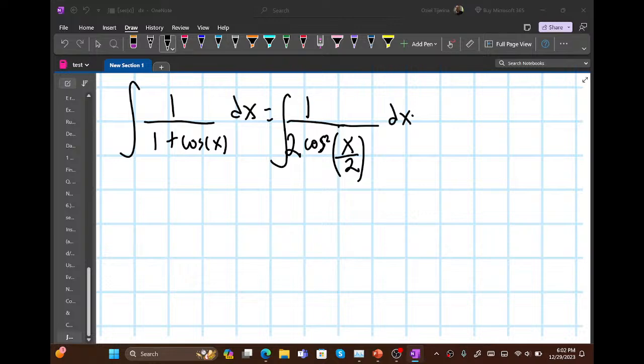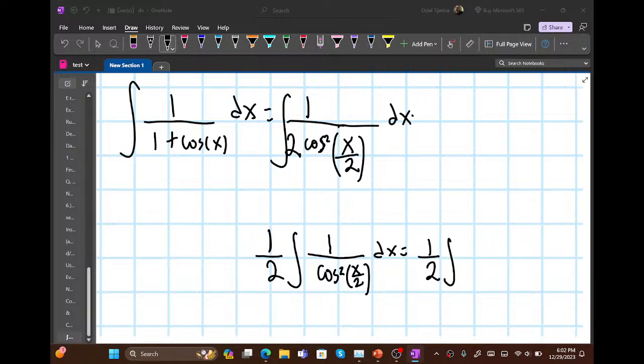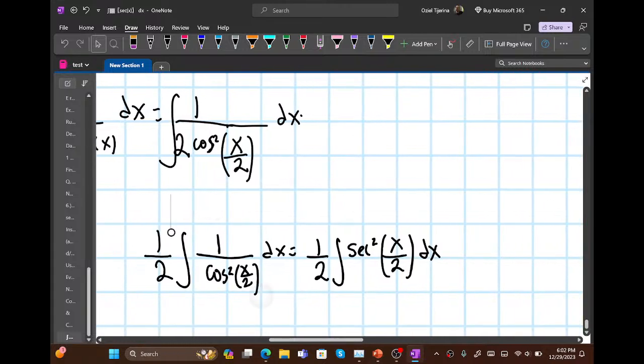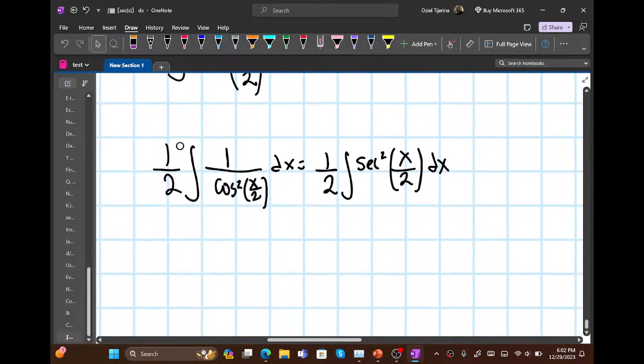This is going to be 1/2 integral of 1 over cosine squared of x over 2 dx, which is equal to the 1/2 integral of secant squared of x over 2 dx.